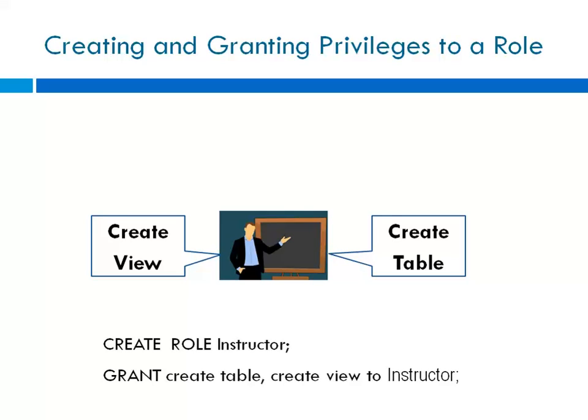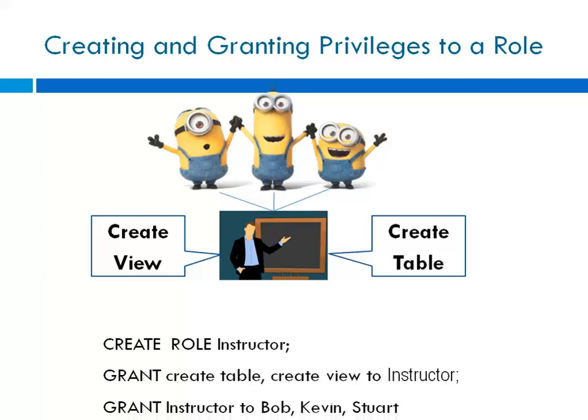Then with grant create table, create view to instructor, the instructor role is assigned the create view and create table privileges. Last, we grant the role instructor to Bob, Kevin and Stuart, and so these three people can take up the role of instructor.